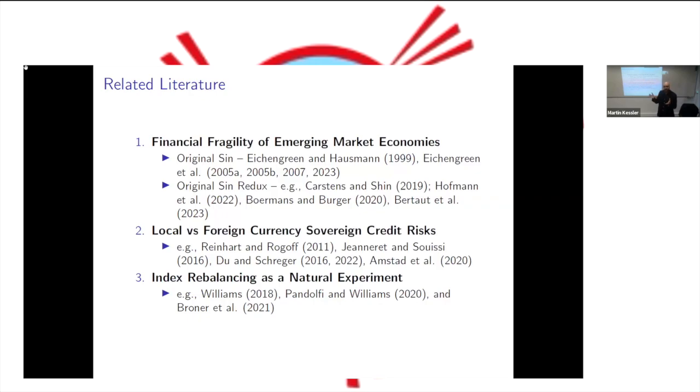Then, in a more recent body of work, focusing on the experience of a small number of countries, but countries that are very important, they managed to move away from borrowing externally in foreign currency, and are able to borrow externally in local currency. What this work says is that we are not necessarily getting rid of the problem. We are just pushing the currency mismatch from the borrower's balance sheet to the lender's balance sheet.